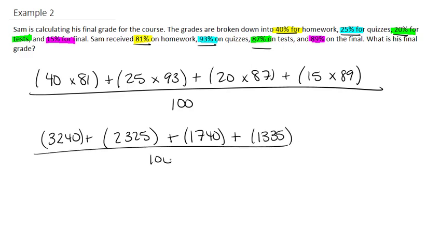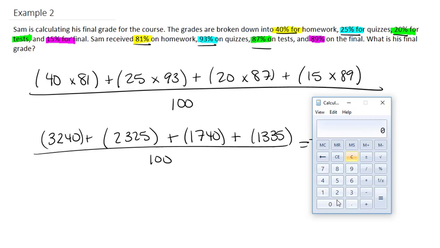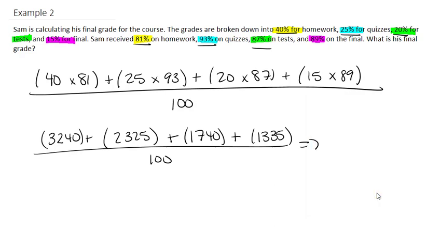All over 100. So let's add up all the numbers on the top now, on the numerator. So we got 3,240 plus 2,325 plus 1,740 plus 1,335, which is equal to 8,640.